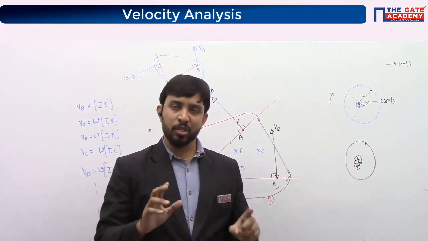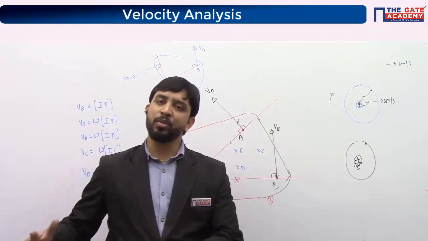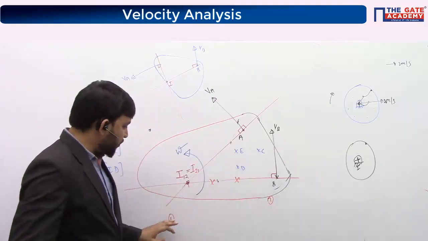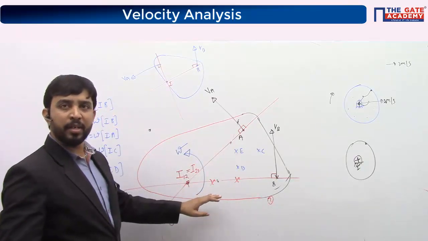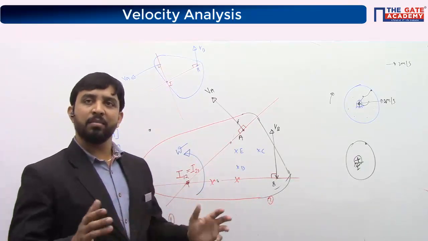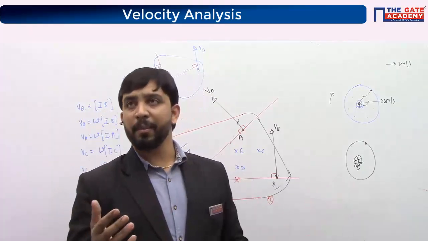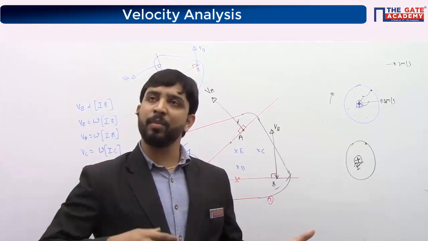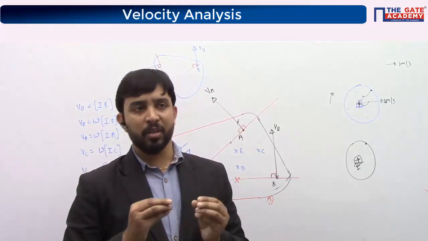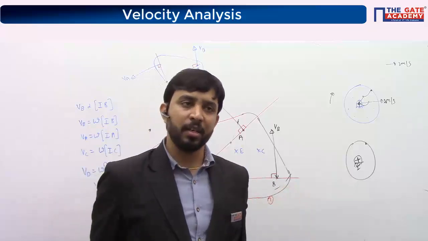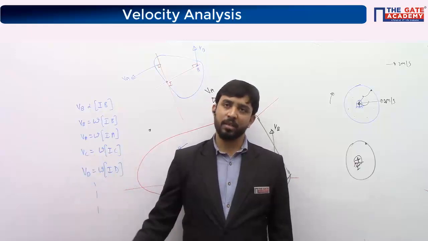So any relative motion between two links can be seen to be in perfect rotation by standing at their respective instantaneous center. Here the relative motion is between the board and this body, and it can also be seen to be in perfect rotation by standing at one point in space. Maybe the board may also be moving. Here it's not moving, but it may be. Whenever you come across any relative velocity, it can be seen to be in perfect rotation by standing at the respective instantaneous center of rotation.